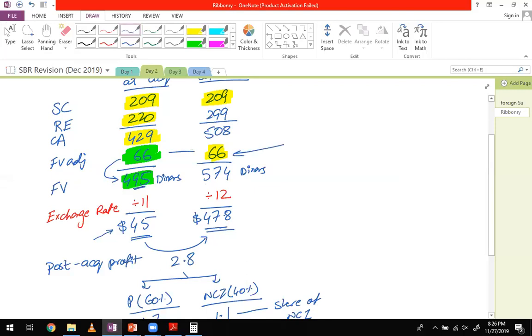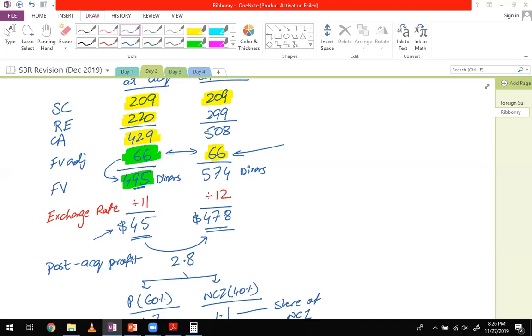So the value is the same because there's no depreciation. Getting this, Harun? Okay, that's good. Harun has got it.